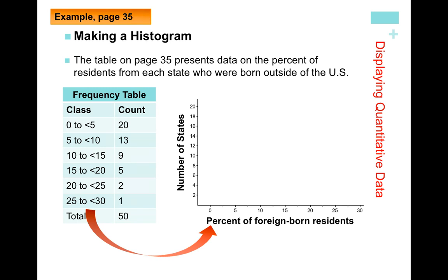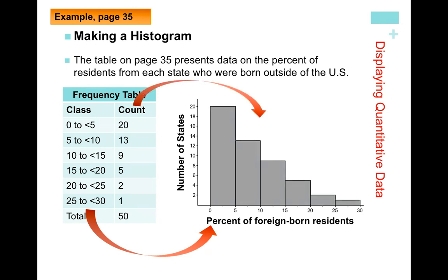To draw our histogram, we have 20 states in the 0 to 5% category, so we can go ahead and put that count of 20 in. Then we have 13 states in the 5 to 10% category, so we put that bar in with a height of 13, and then we continue that pattern. One thing to make note of here is this less than symbol.